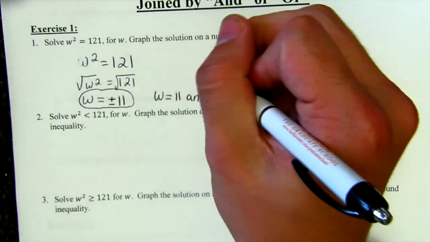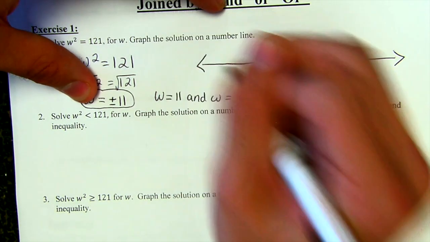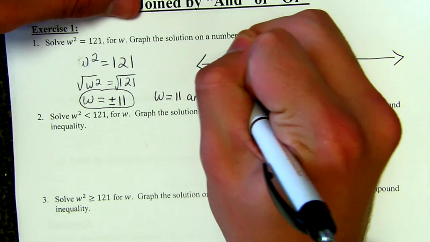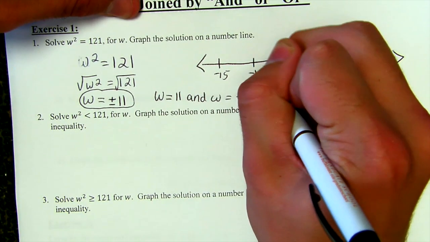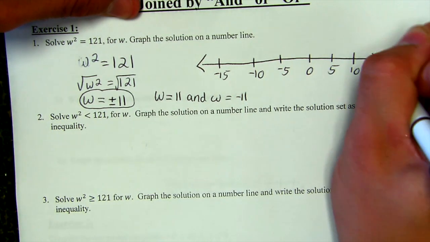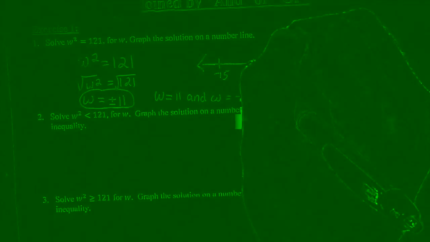So now if we draw our number line, I'm going to go from negative 15, and then I'm going to go up by 5s. Negative 10, negative 5, 0, 5, 10, 15. If we start with w is equal to negative 11, we go over a little bit to the left of negative 10, and we fill it in because we do have equality.